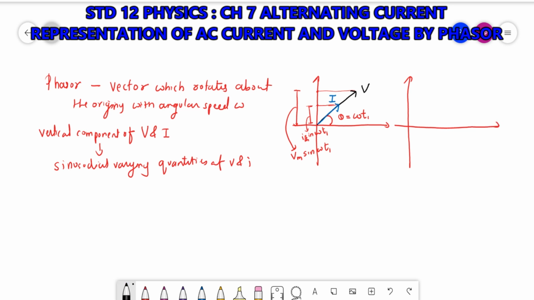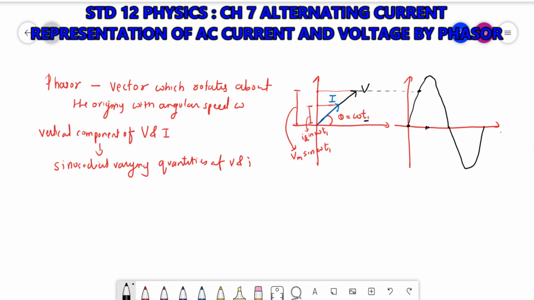Now let's draw it again in the form of a graph. When omega t1 is 0, voltage V is 0. When omega t is pi by 2, voltage is maximum. When it is pi, it is 0 again, then it goes in the opposite direction. The corresponding value of this voltage is this at time t equal to t1.